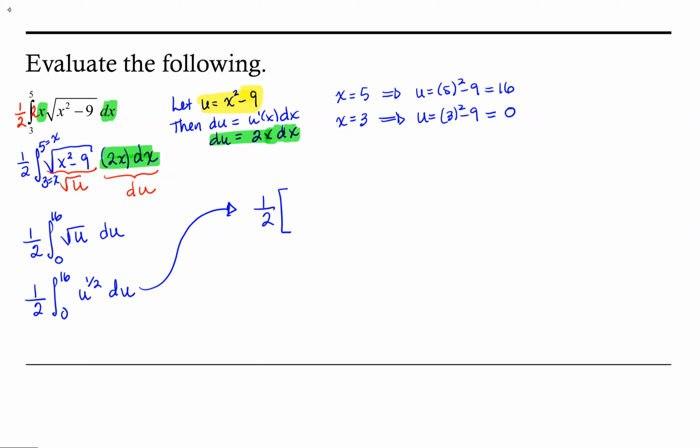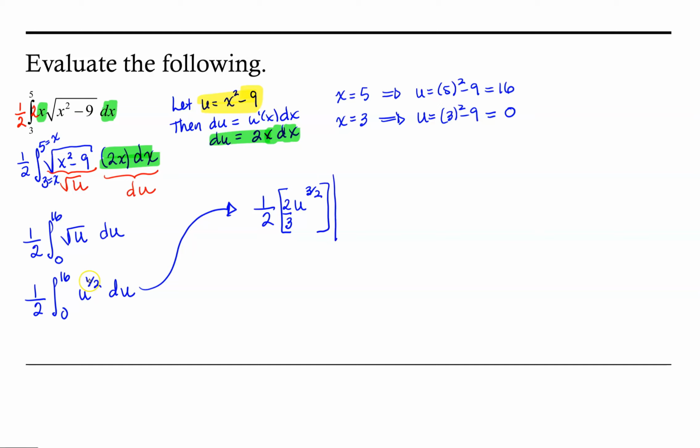We'll have 1/2 times. Now the antiderivative of u to the 1/2 is u to the 1/2 plus 1. So 1/2 plus 1 is 3/2. If we divide by 3/2, that's the same as multiplying by 2/3. So I'm going to go ahead and multiply by 2/3.